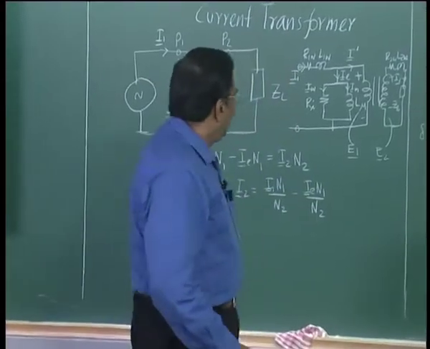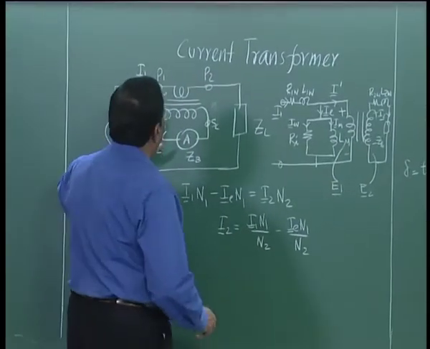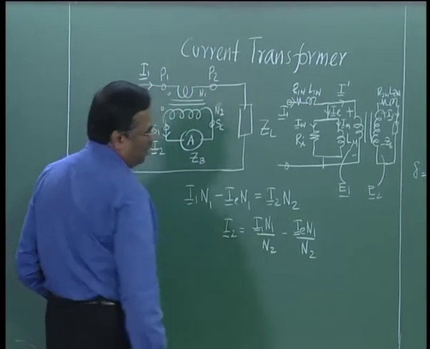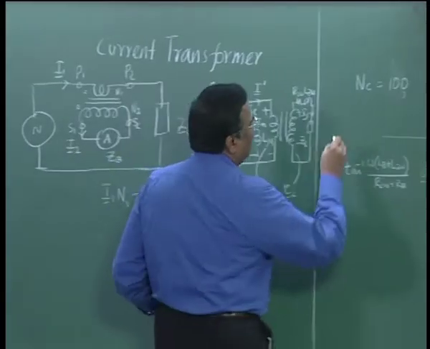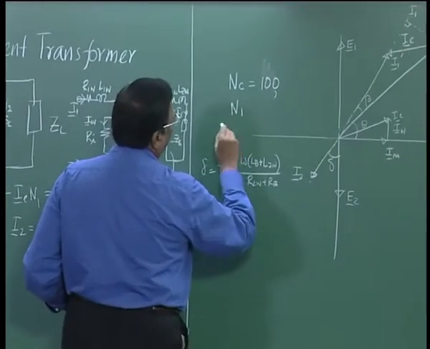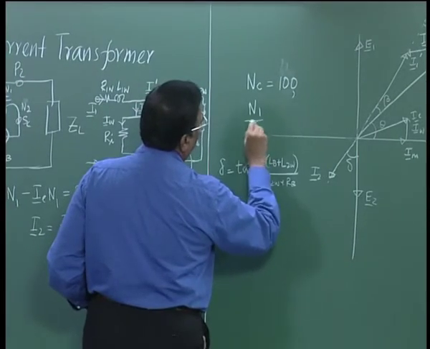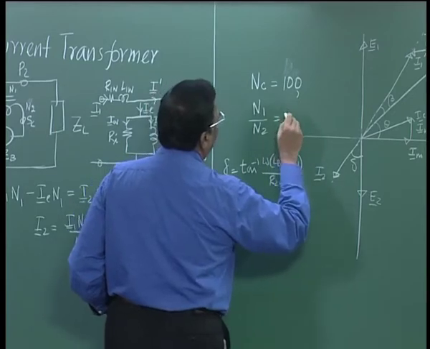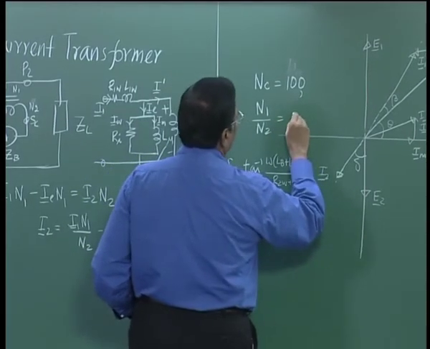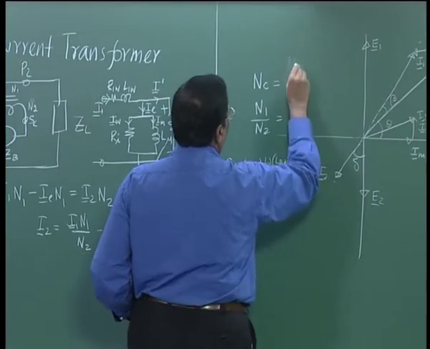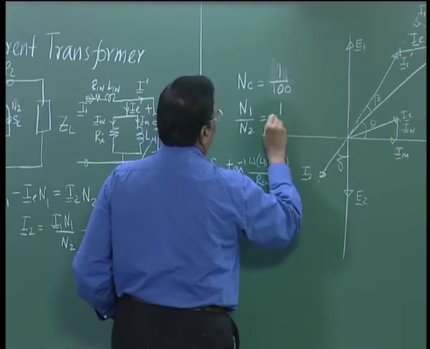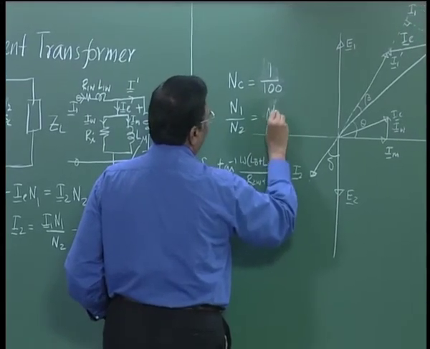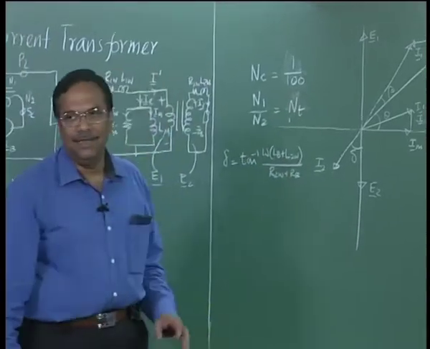And then the actual N1 and N2: I have some N1 wound on the primary and some N2 wound on the secondary side. So, N1 by N2 will become 1 by 100; I call this the turns ratio, right.